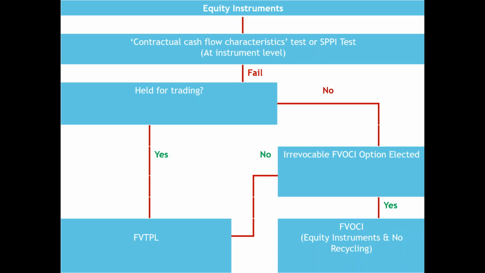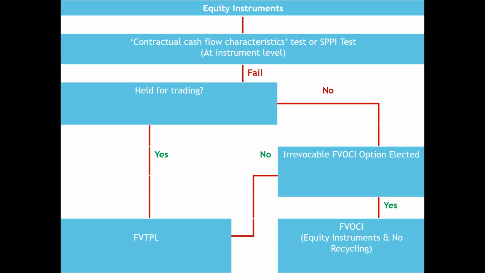So you fail that, and therefore your next question is, are these equity instruments, are these investments in shares, held for trading? And if you say yes, held for trading, you've got no choice. They have to be accounted for at fair value through profit and loss. Now again, that is the same as we currently have in AASB 139.